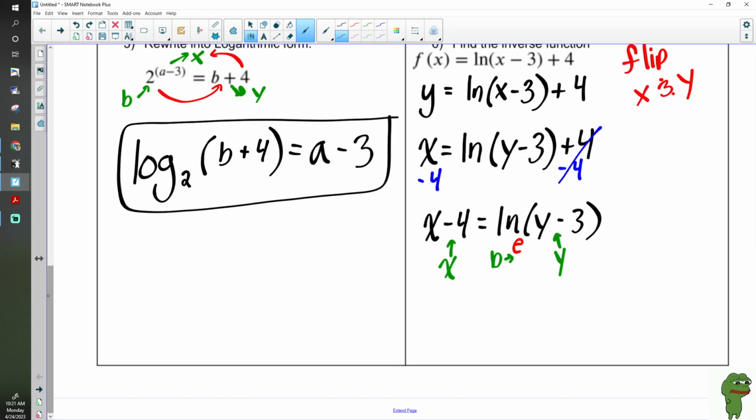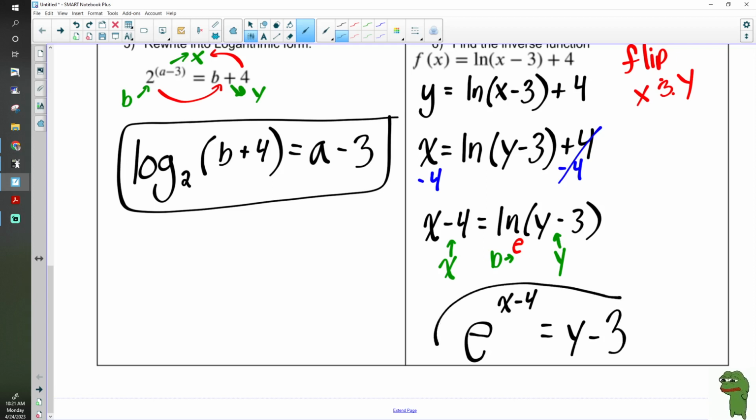We're going the opposite way. So our base, e, to the power of x, what was our x? x minus 4 equals the y, and our y was y minus 3. And look, it's now an exponential, and we're done.